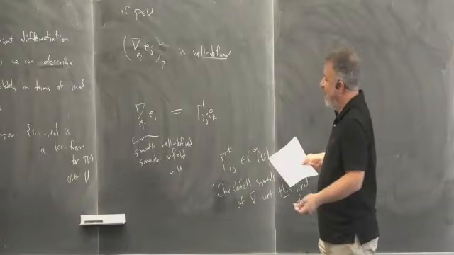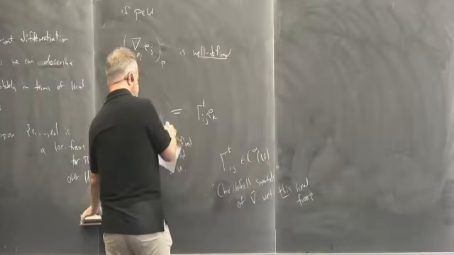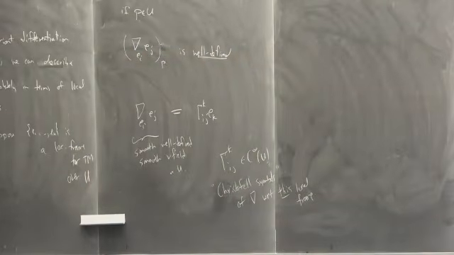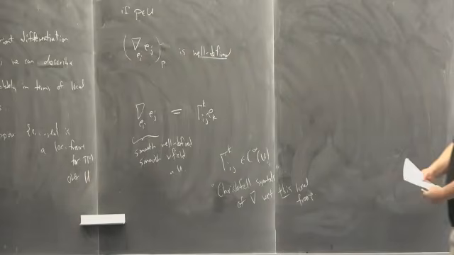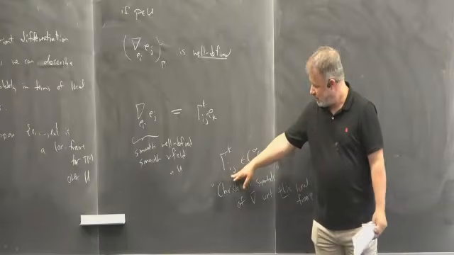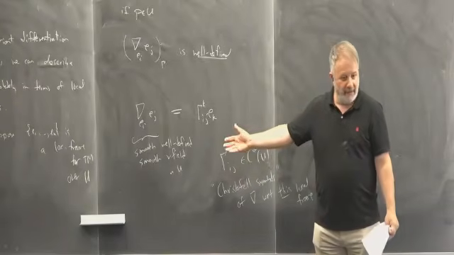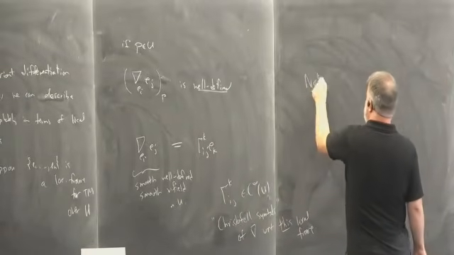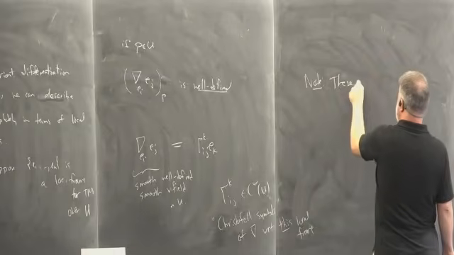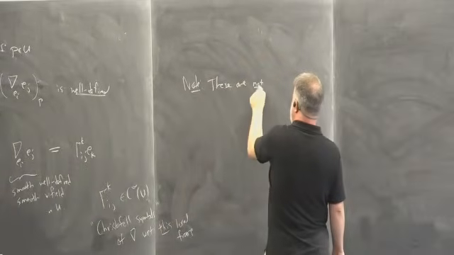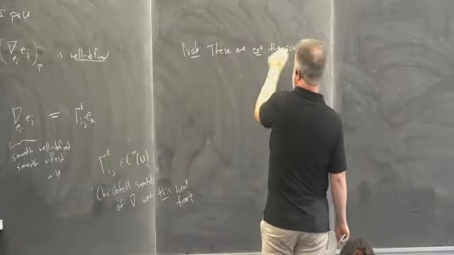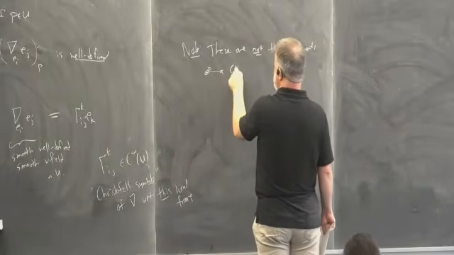Okay, so whenever you have a connection, this doesn't even need to be the Levi-Civita connection, but we're only going to work with the Levi-Civita connection. For every choice of local frame, you get these Christoffel symbols. So these are smooth functions. They have one superscript and two subscripts. And so you might think that it's a 1-2 tensor, but it's not. So note, these are not the components of a 1-2 tensor.